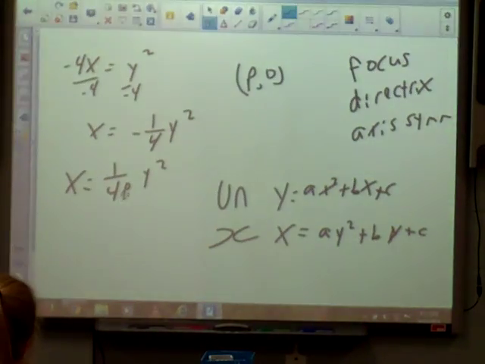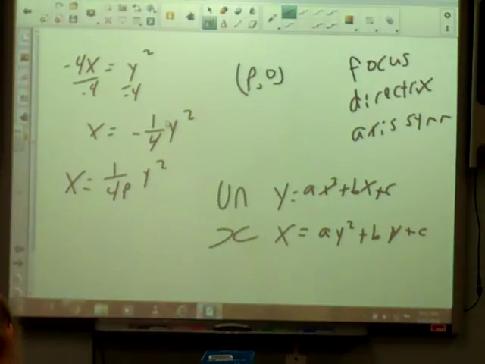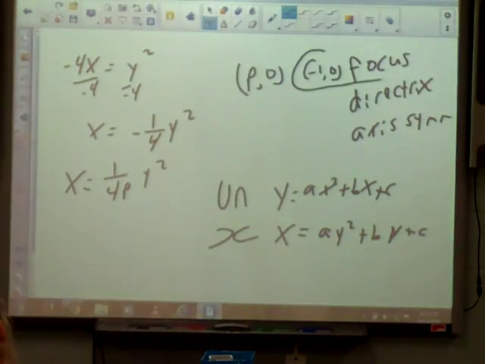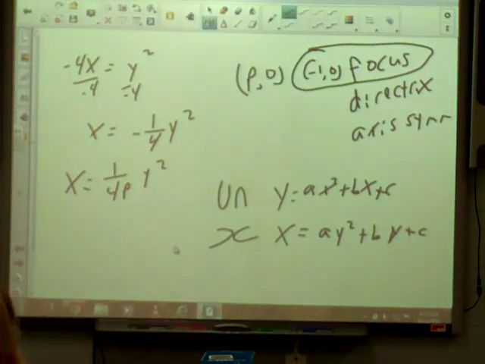What could I put in p to make this the same as my equation? Close, super close, David. This is a positive 1/4, and mine's a negative 1/4. So I have to put a negative 1 in that p, wouldn't I? So my p is negative 1, which means my focus is (negative 1, 0). I don't have a formula for it. I just found it out of that because it goes with the p.